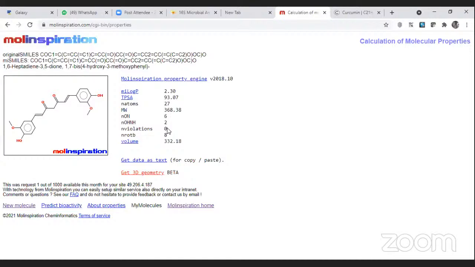If it is not 0, that particular compound will never have drug-like properties. Even if it is 1, you cannot take it, because the minimum of these 5 characteristics should be satisfied. That is why it is called n violations, the number of violations.